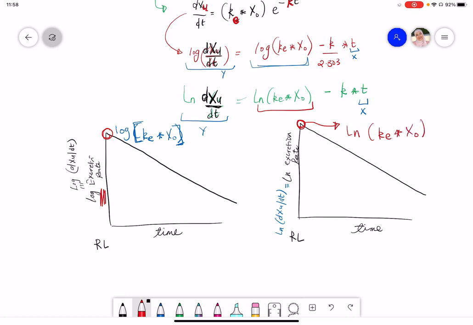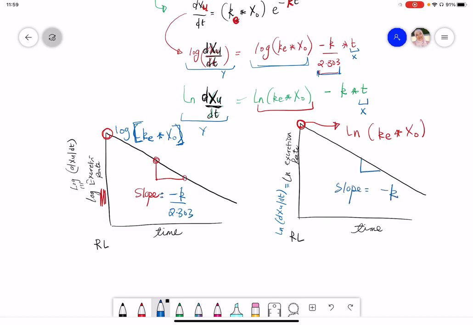For the slope, we will get it from the linear regression, but the slope here would be equal to minus k over 2.303, and the slope here would be equal to minus k.